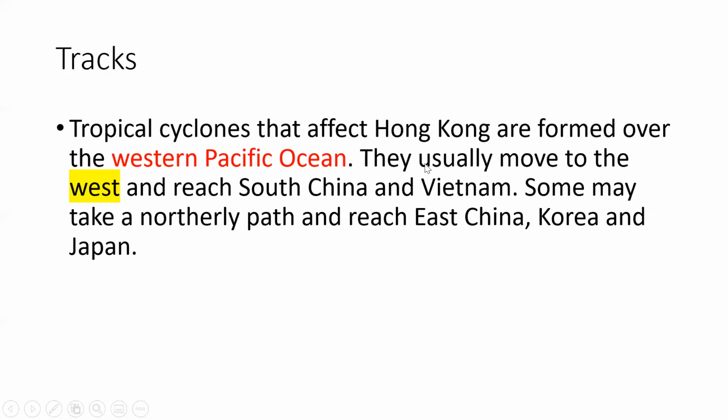Okay, they usually move to the west and reach South China and Vietnam. Okay, 大部分啲颱風會去到南中國同埋越南 but some may take a northerly path and may go to East China, such as Shanghai, Korea, and Japan.